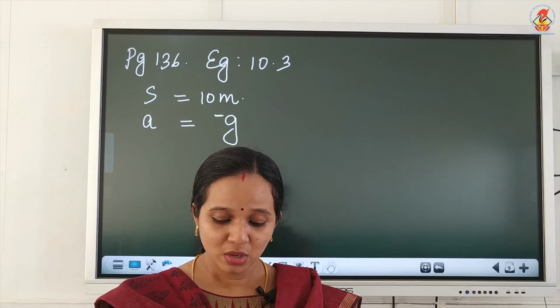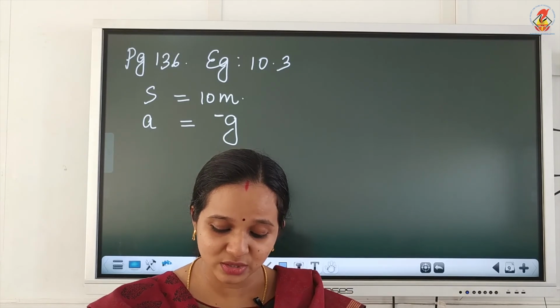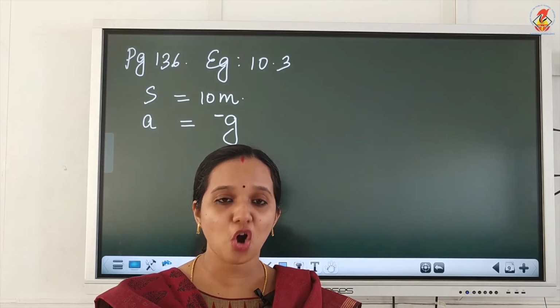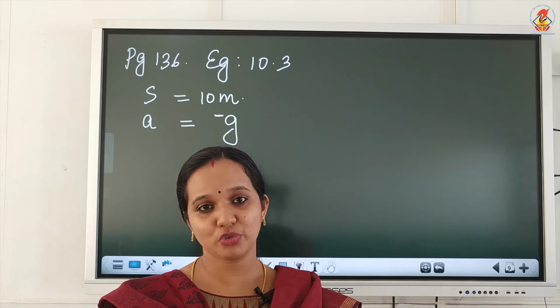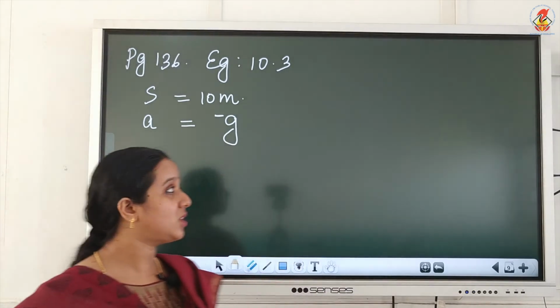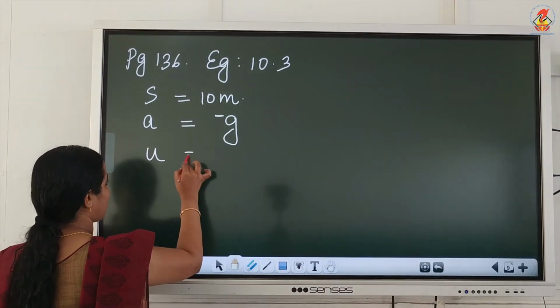Now, subdivision 1 is calculate the velocity with which the object was thrown. So, you need to find the initial velocity.